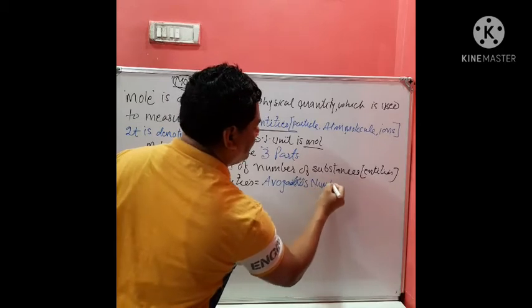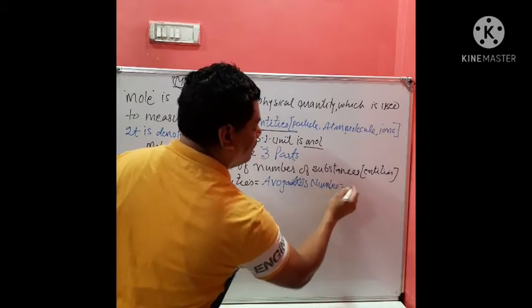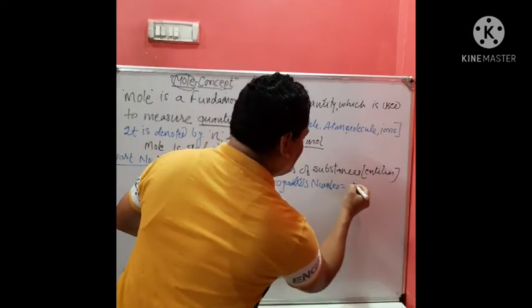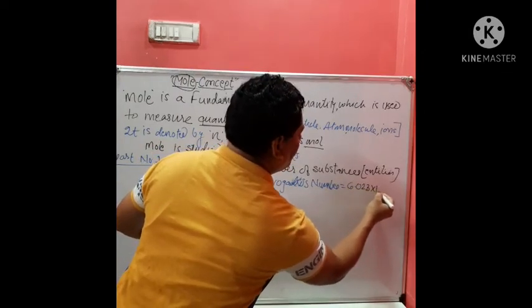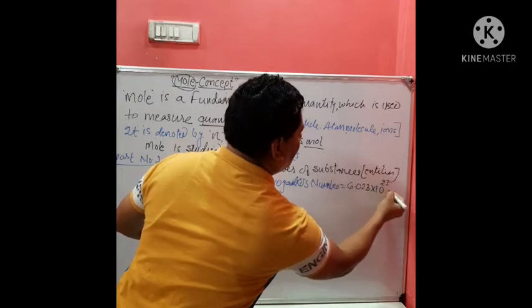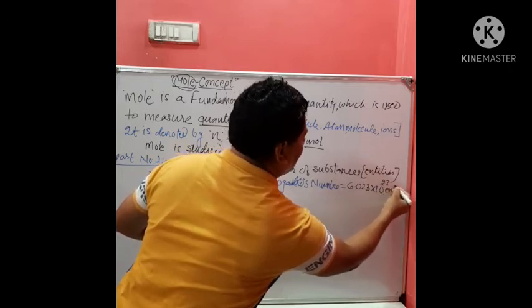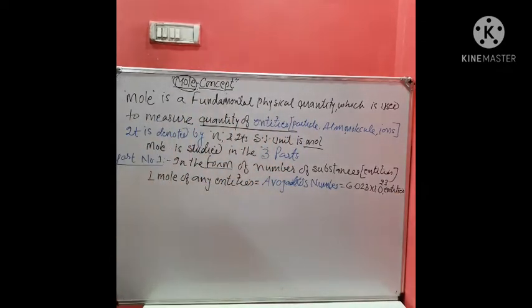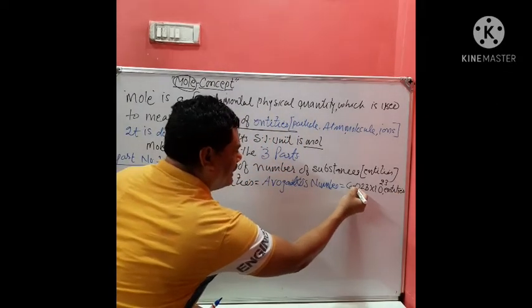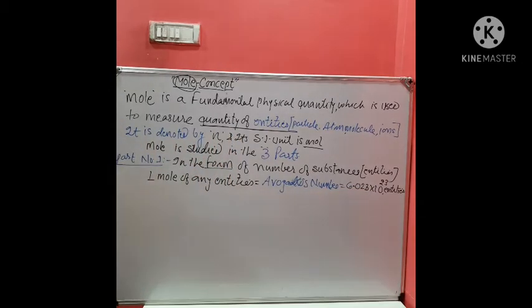And do you know what Avogadro's number is? This is 6.022 into 10 to the power 23, and we will write here entities. So 1 mole of any entity is 6.022 into 10 to the power 23 entities.